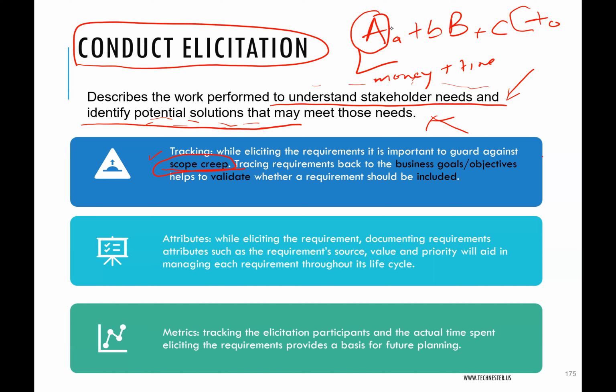So one of the things a BA will do during conduct elicitation is to track the requirements, to make sure that whatever requirement people are bringing to you or stakeholders are stating or solution experts are mentioning, for your solution requirement, they align with the business need. You see, the stakeholder requirements must align with business need.